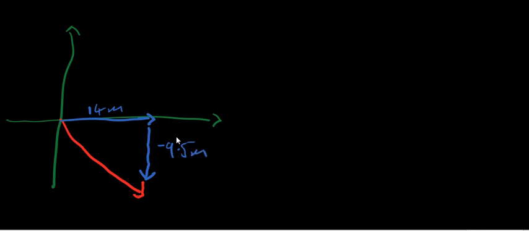Why is it negative 9.5 meters? It's because the y-axis is negative down there, but the x-axis has been maintained to be positive. So to look for the angle, we're just simply going to say tan theta is simply equal to the absolute value of the y component over the x component.